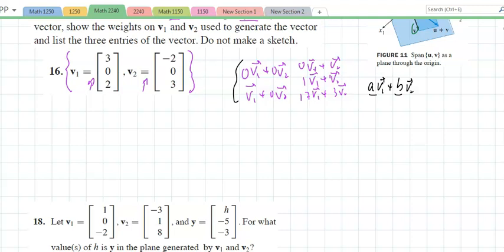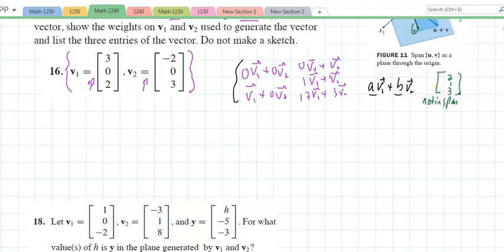Just to demonstrate, (2, 1, 3) is not in the span.